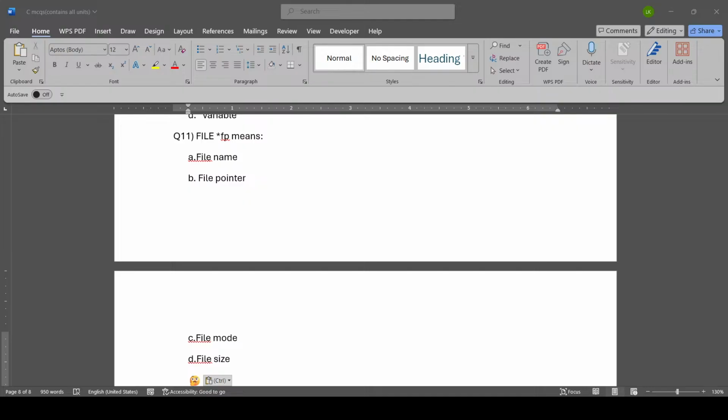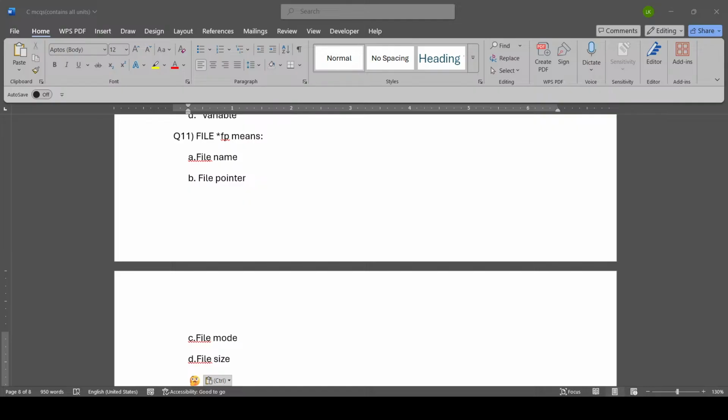Someone has asked about FILE being a structure. When you talk about FILE, it looks like a keyword, but it is not. It is a data structure defined inside stdio.h, and it stores all the information about the file, like the position, the mode, or the buffer.